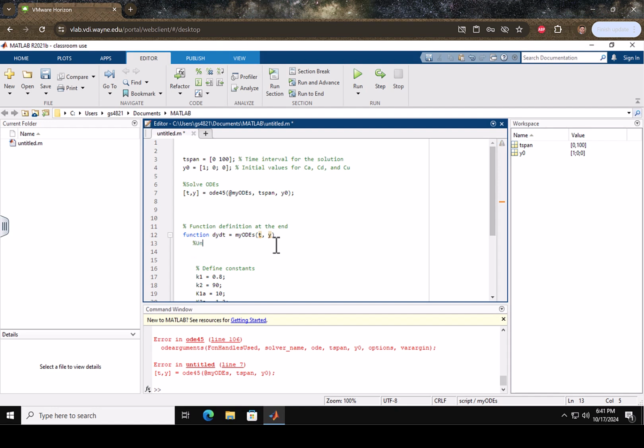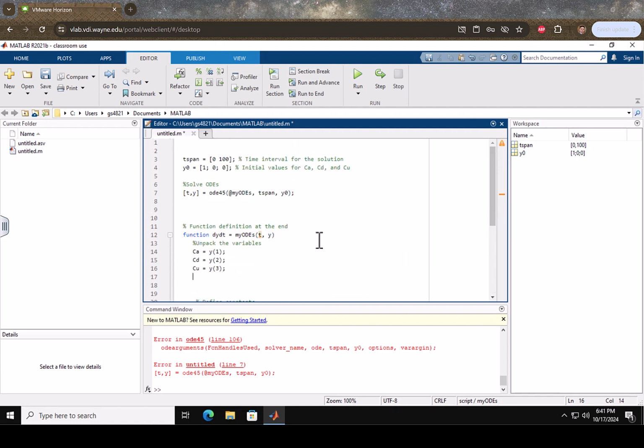So here we'll unpack the variables. That's just saying that CA is equal to Y1. What that's saying is that it's going to be equal to our first row in the Y vector, or in the Y matrices that we have right here. CD then is just going to be equal to our second row in the matrix, and then finally our CU is going to be equal to the third row.